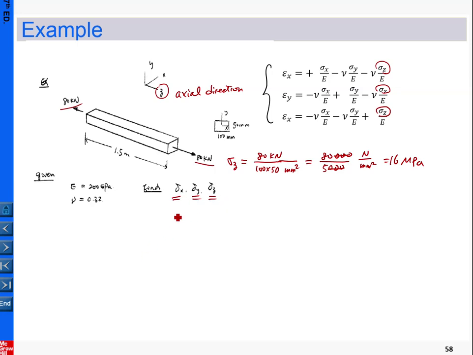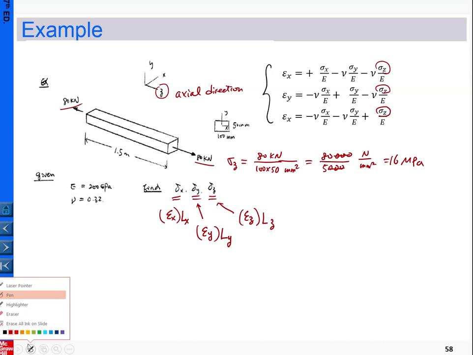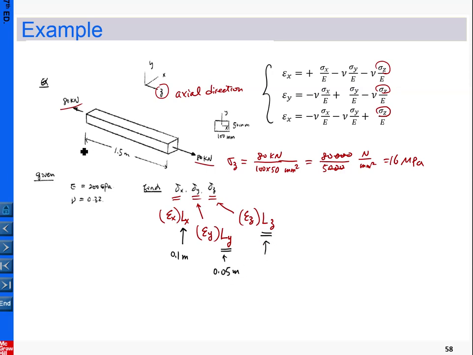The deformation is equal to the strain multiplied by the dimension in the x direction, the strain multiplied by the dimension in the y direction, and the strain multiplied by the dimension in the z direction. Individually, the dimension in x is 0.1 meter, the dimension in y is 0.05 meter, and the dimension in z is 1.5. Okay, so here we have this.